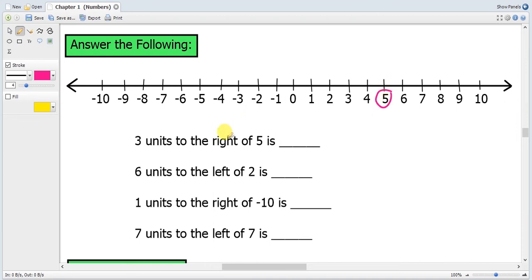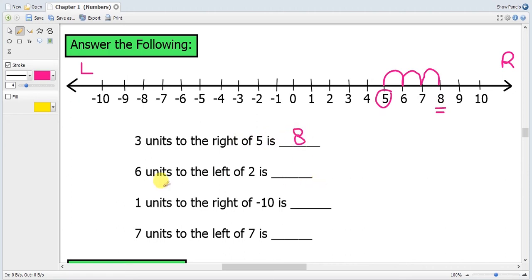So we have to move 3 units to the right. So this is our right side and this is our left side, right? So we have to move 3 units to the right side. So this is 1, this is 2, this is 3. So the number we landed on is 8, right?